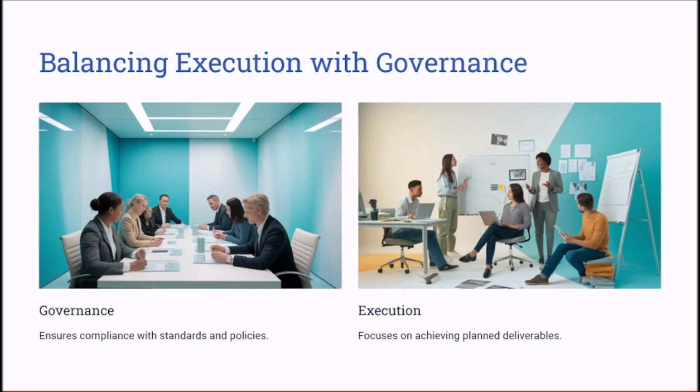How can we balance the execution with governance? Balancing the execution with governance is one of the most critical responsibilities of the project manager. While execution focuses on completing tasks to produce the deliverables, governance ensures that these tasks comply with the established processes and organizational standards.